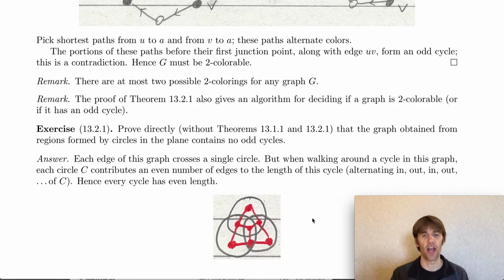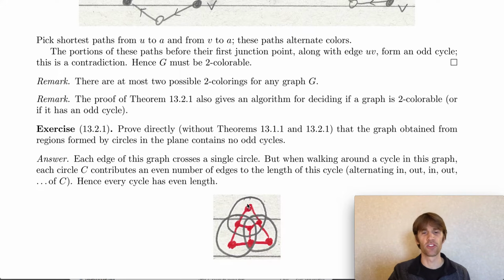Okay, so I have my graph drawn in red, and I want to prove that there's no odd cycles. So pretend I walk around a cycle in this graph. Maybe I started at the vertex at the top, and I walk all the way around this outside triangle. Okay, I want to prove that the length of this circuit that I've done is even.